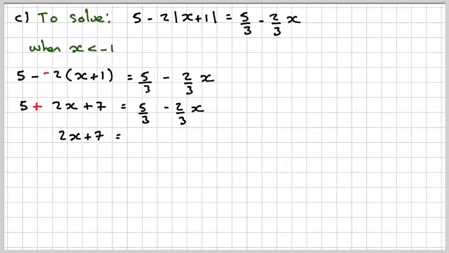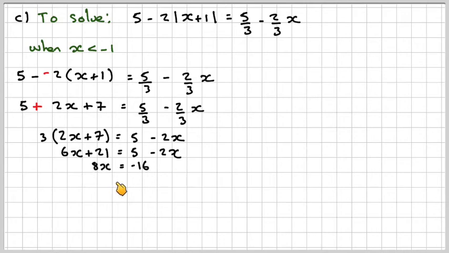I could have not done that and just said for this, it's 2x + 7 from my previous part of the question. Now, the 3 divided by 3 will be easy if I multiply by 3. So I just have to put this equal to 5 - 2x. So it gives me 6x + 21 = 5 - 2x, which gives me 8x = -16. x is -2.